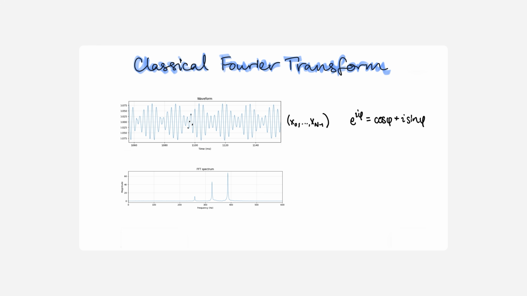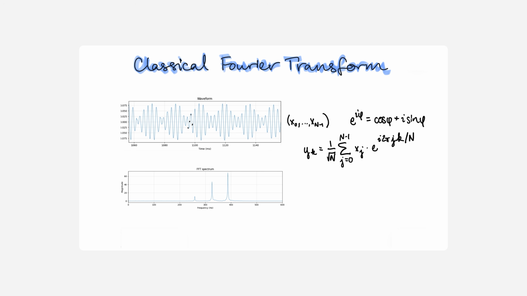Putting this together, the discrete Fourier transform looks like this. y sub k equals 1 over square root of n times the sum over j from 0 to n-1, x sub j times e to the i 2 pi j k over n, where each y sub k represents how much of the frequency k was present in the original signal.